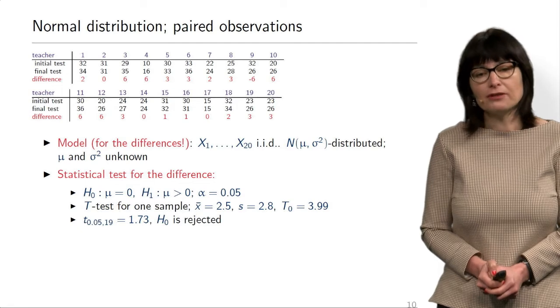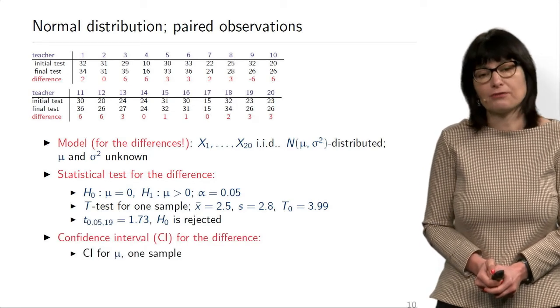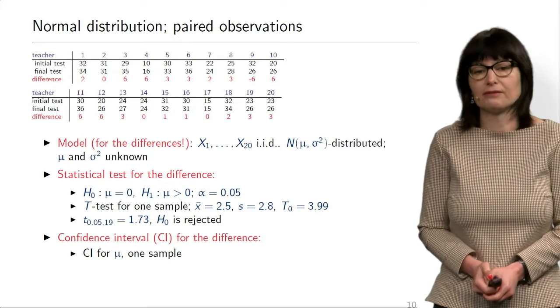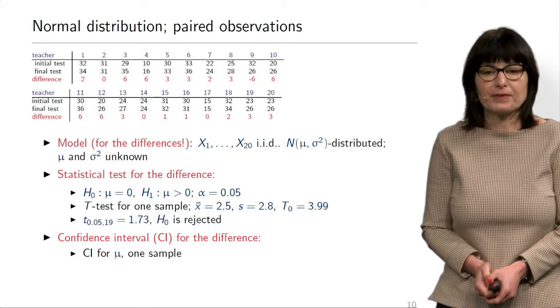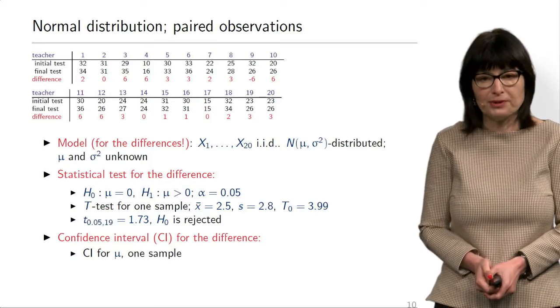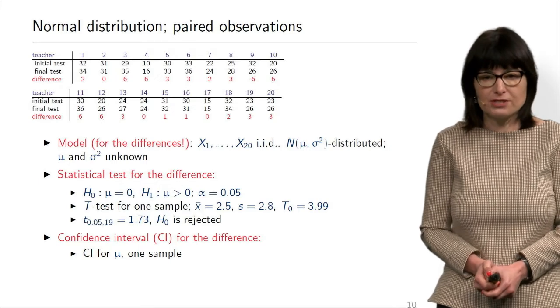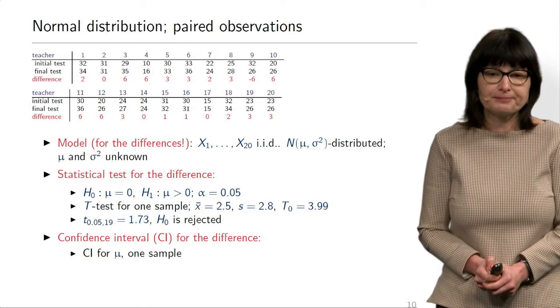Okay, so we can also use the methods for one sample for the confidence interval. So, for example, we can say, okay, what is the precision of the estimation of this improvement? So our average improvement is 2.5. What is the precision of this estimator?